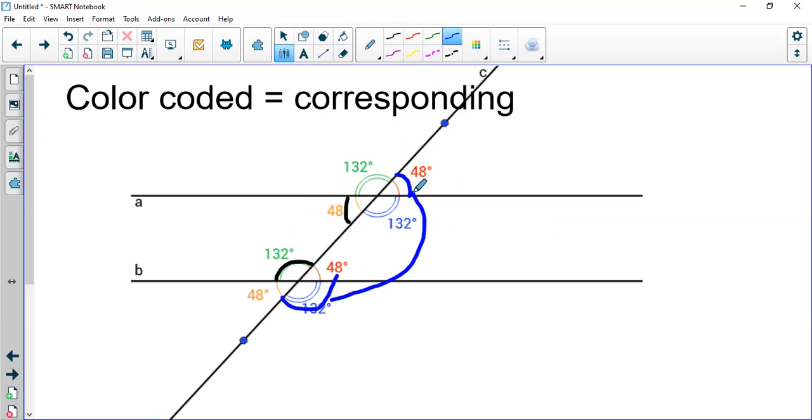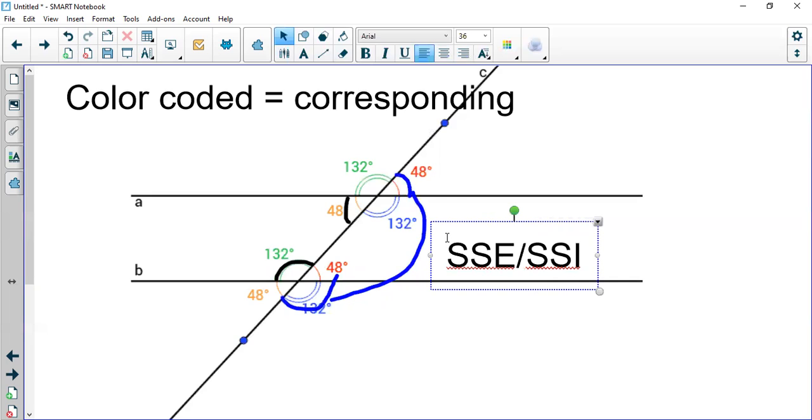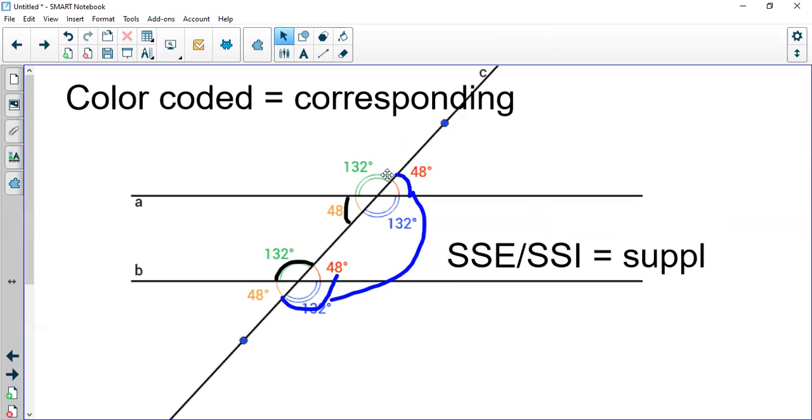These two, again, are supplementary, not congruent. So same side exterior and same side interior are supplementary. These relationships are important to know in order to solve for missing side lengths in a diagram as such.